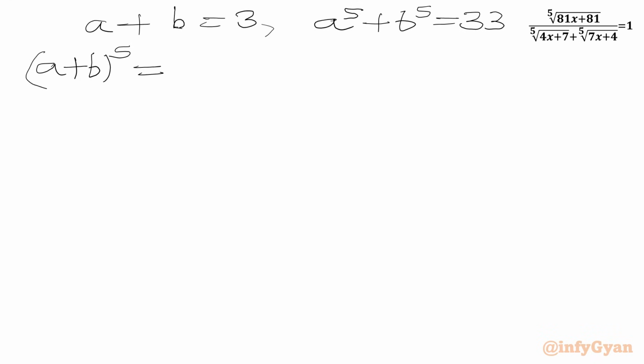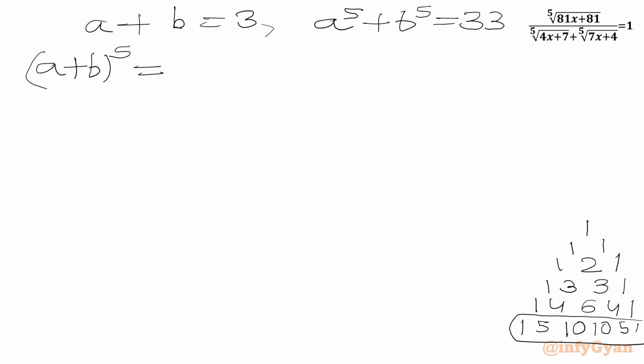So let us find the expansion coefficients using Pascal triangle first. For power 2, 1 2 1. For power 3, coefficients would be 1 3 3 1. For power 4, 1 4 6 4 1. And for required power 5, our coefficients of expansion would be 1, 5, 10, 10, 5, 1.